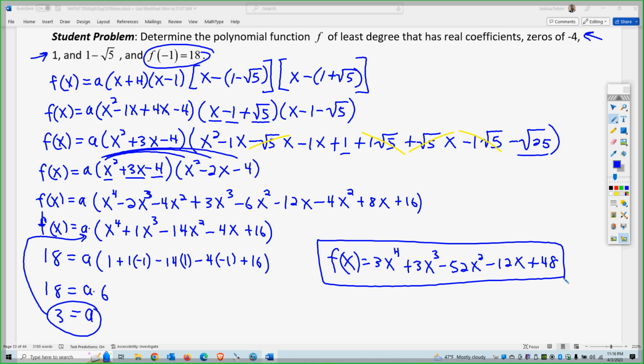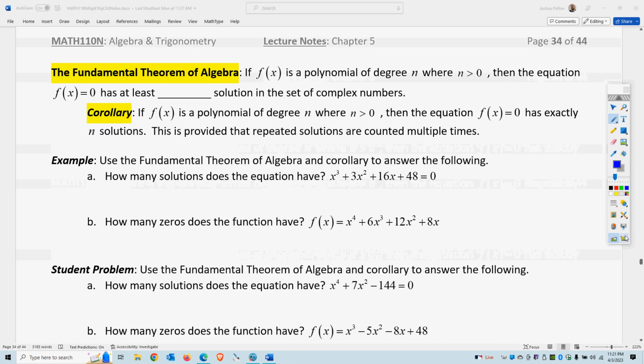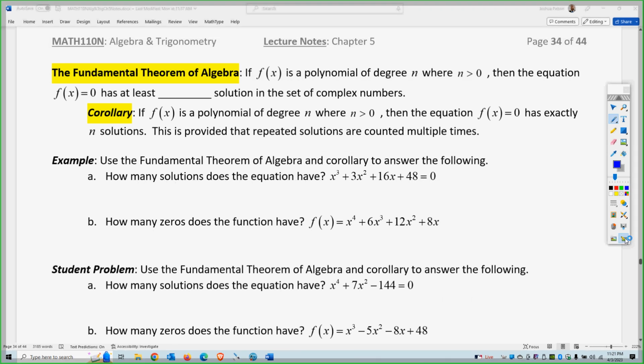Talk about the fundamental theorem of algebra. Okay, so to this point, all of the answers we've gotten have been either rational or irrational, but the reality is they can fall within the complex number system. So you could get imaginary answers, because when you do the quadratic formula, you could get 2 imaginary answers, but there has to be at least 1 in the set of complex numbers.